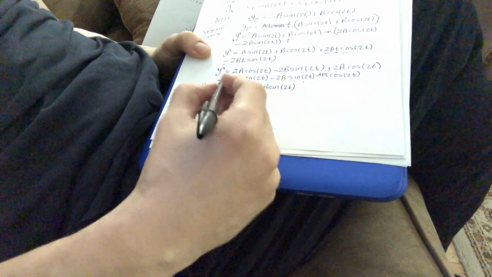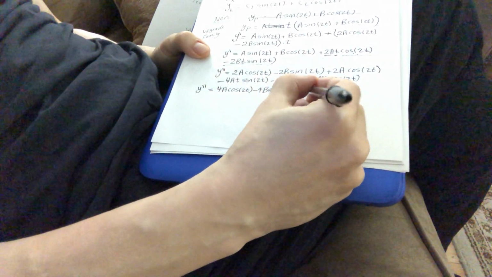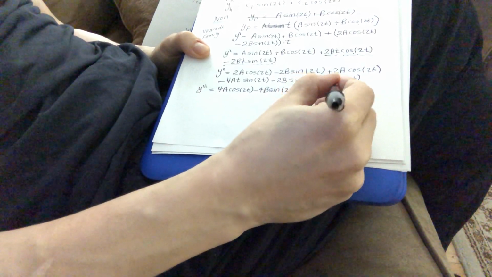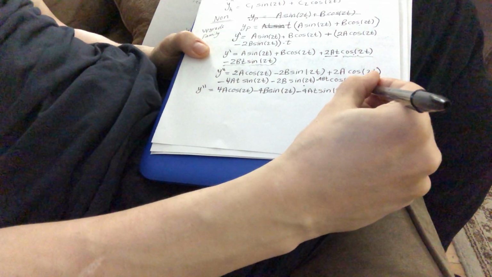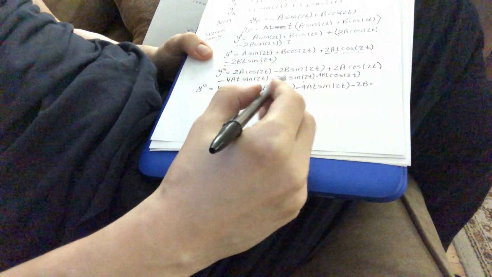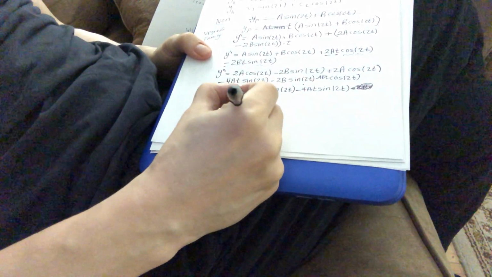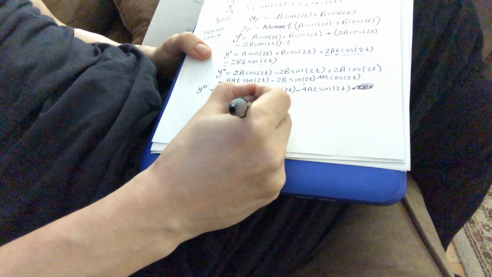And we have this one, which is minus 4at sine 2t. And we have this one, which is 2b. You have this one also, which is minus 4bt cosine of 2t.